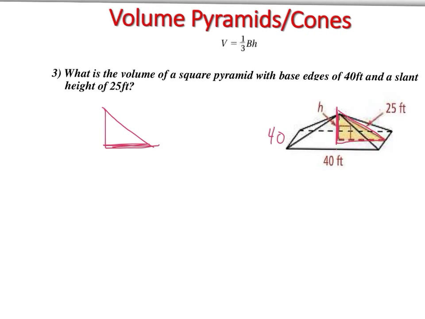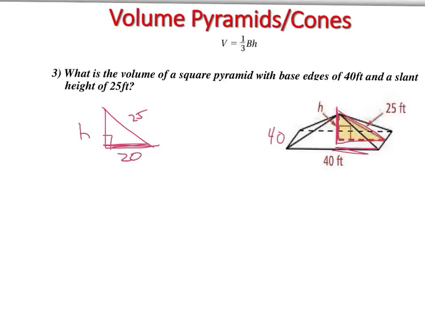So that's actually 20 on the bottom. We're looking for this height, and the slant height, in other words, this distance up the side of the pyramid, is 25. So now we can calculate the height using the Pythagorean theorem.